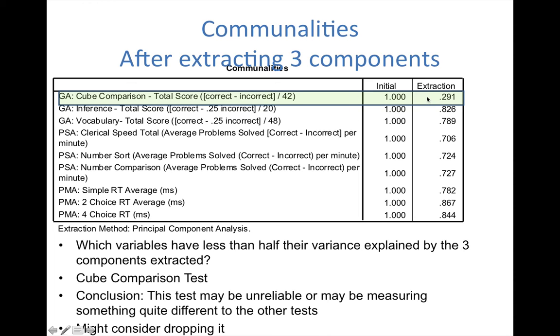So what do we see? They're mostly pretty large, mostly 70, 80%. We had this one test, the cube comparison, which was a bit of a nuisance. It clearly was not as well represented by 3 factors as the other tests. Perhaps as we go forward, there'll be a story about why that is. Perhaps there was something different about that test, or it wasn't very good.